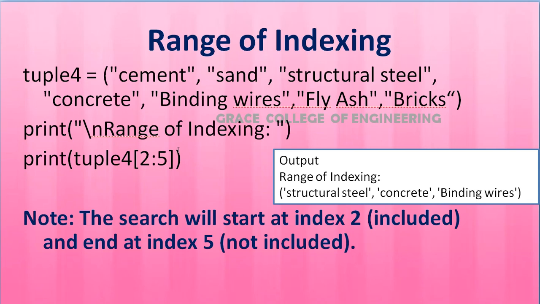Please note, the starting index will be included in the output, but the ending index will not be included. So starting is 2, structural steel is taken. From that, 2, 3, 4 will be taken. The fifth index, fly ash, will not be included.